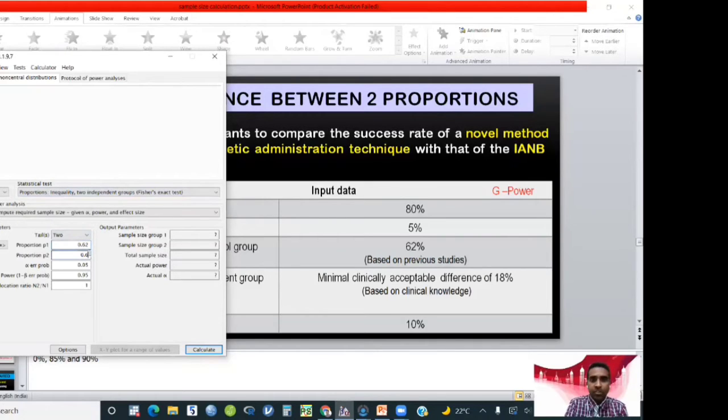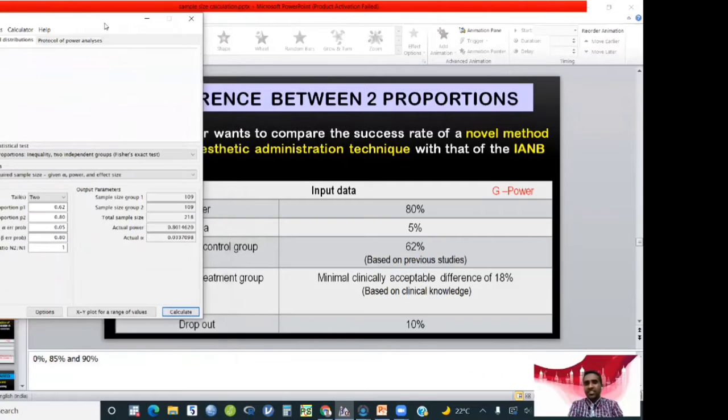And what is the proportion for the second group? It is 80%. 62 plus 18 equal to 80%. Alpha at 5 and power at 80%, and allocation ratio 1:1. So it is 109, 109. Total is 218. Now 218 patients are required to prove the statistical significance.